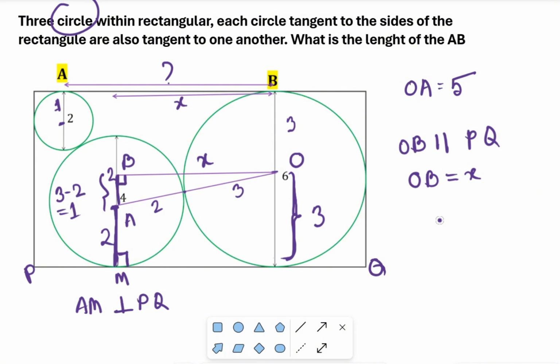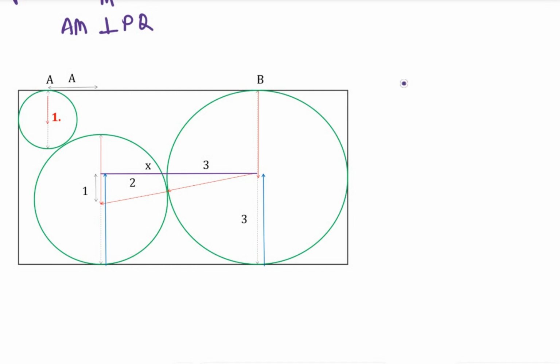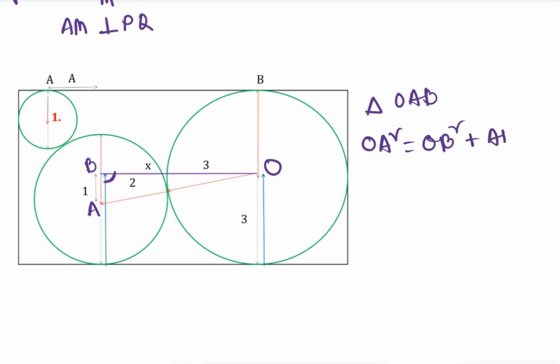Now let's redraw this image. So I redrew this image. Up to this length is 1. So this is actually O, and this is A, and this is B. So triangle OAB, and this is 90 degrees. So this is a right angle triangle. So we can say OA square equals OB square plus AB square. So what is our target?